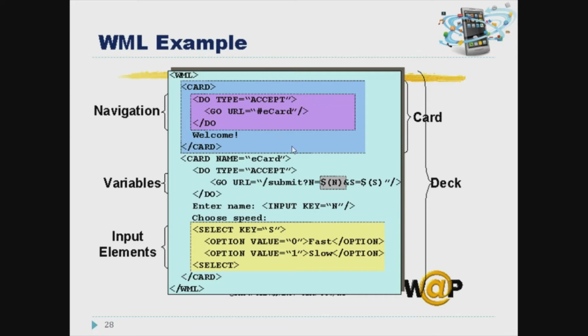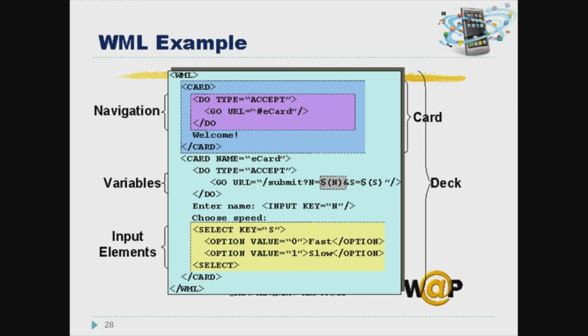And then we have the card name. Do type accept, go to the URL. This one is similar. This one we call a card. This one we call the deck. These are the structure of WML. Okay, this one is the variable, and this part is the input element.